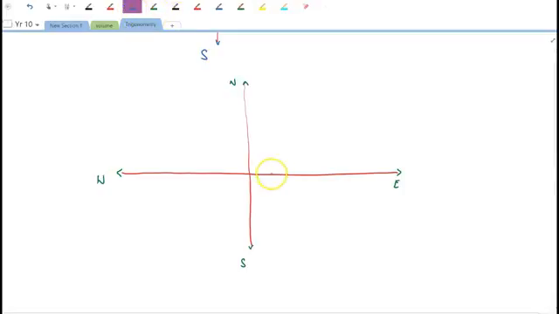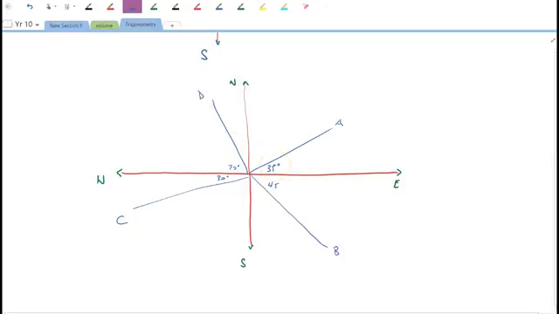So we'll pop an A out here, that's point A, and this is 35 degrees in here. Then C over here, 30 degrees in there, a 70 degrees there, and a D.